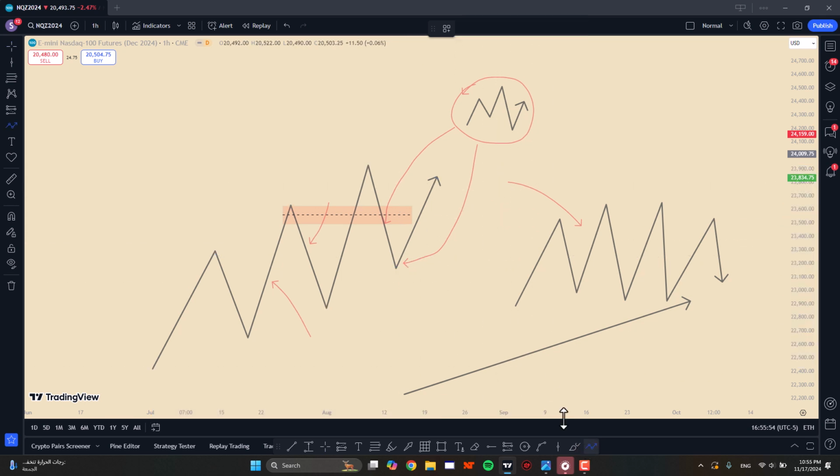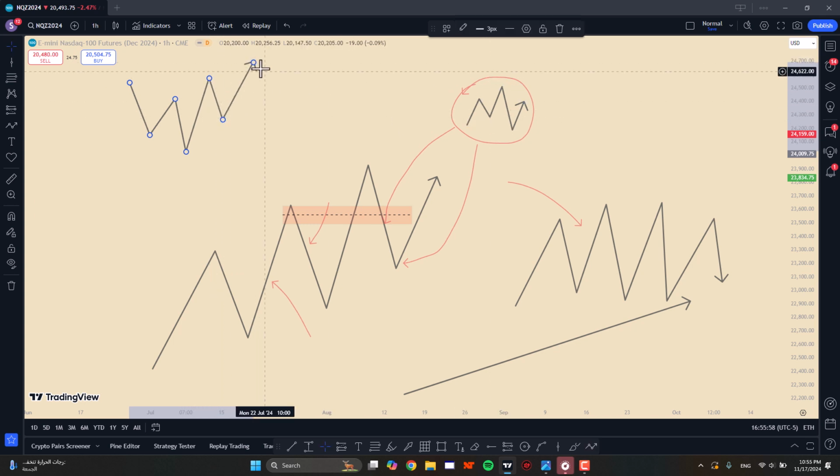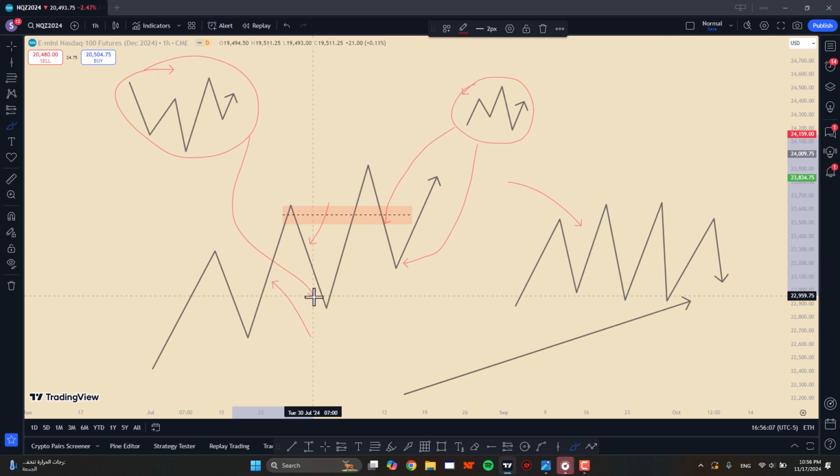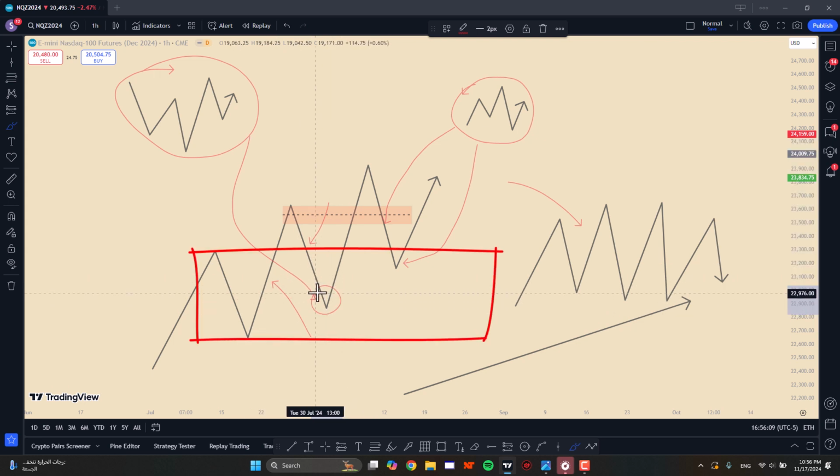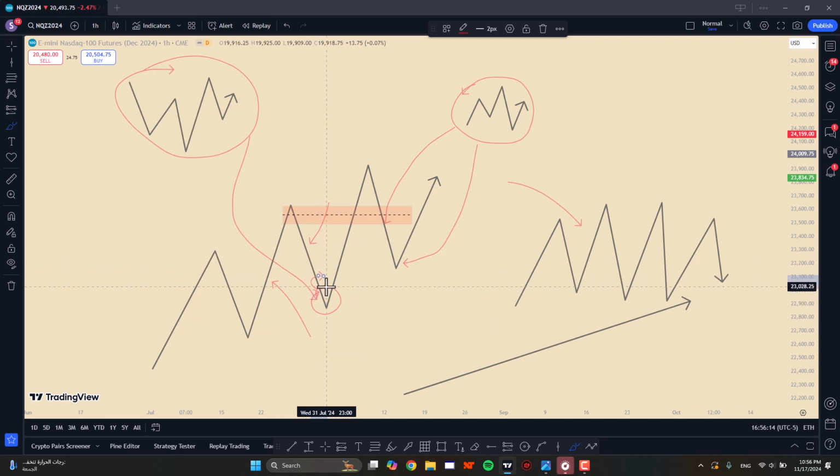Now let's say for example we have the opposite of this pattern. Now suppose that this pattern happened here, okay? So this is at the end of the pullback, or maybe even here, right?